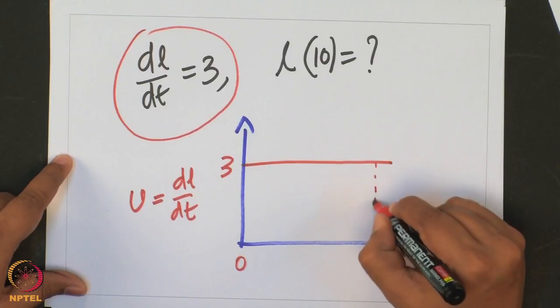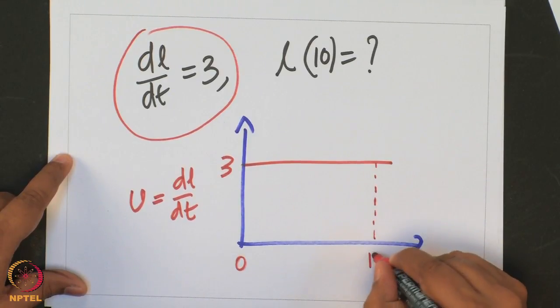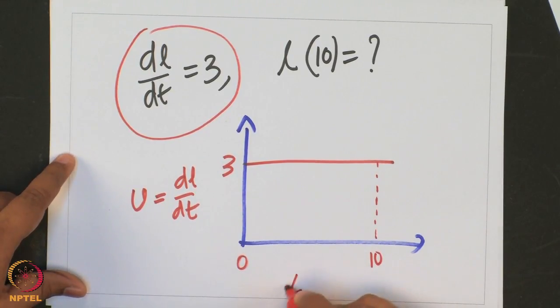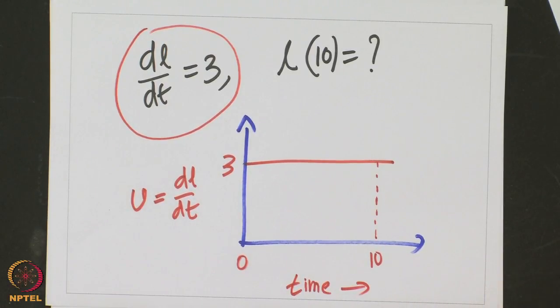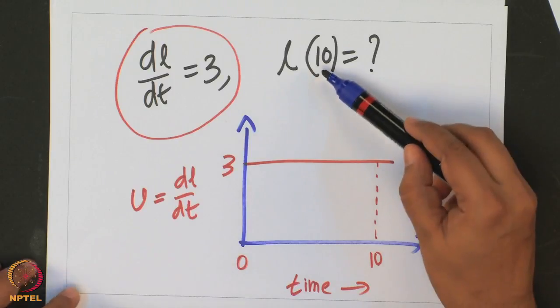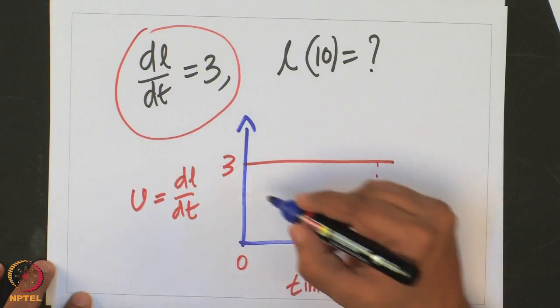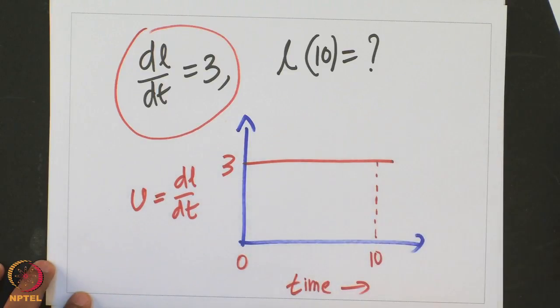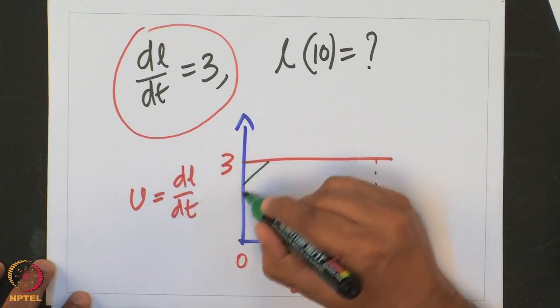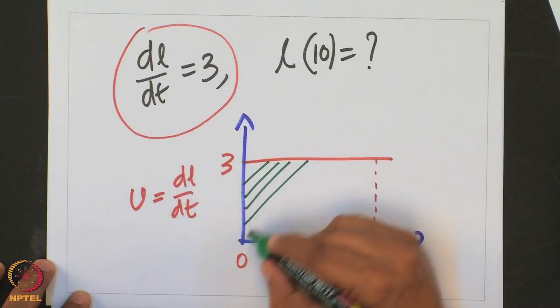So 10 is the time that we want to calculate the length at. So take this point, which is 10. The x-axis is time, t. If I want to calculate the length at time 10, I find the area from 0 to 10, which is shaded here.